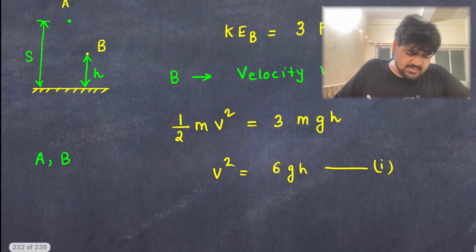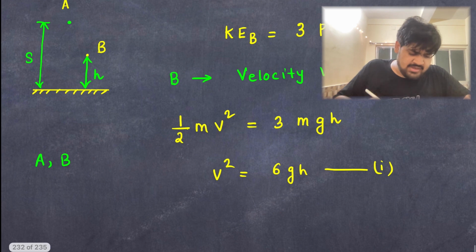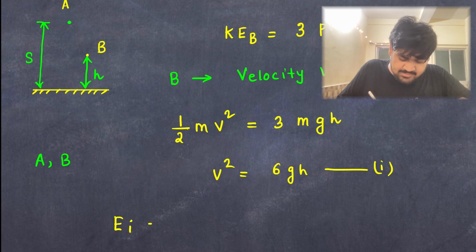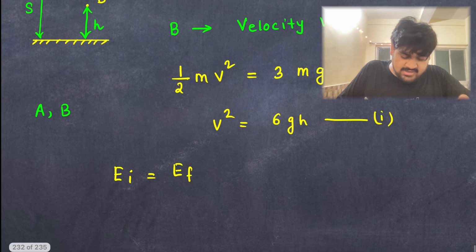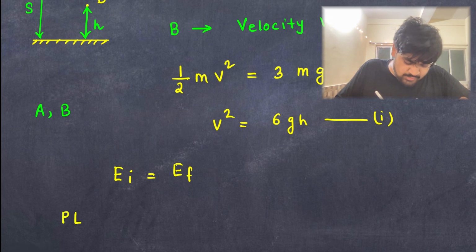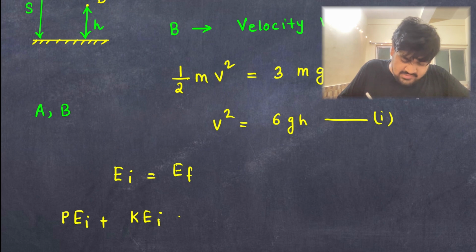So what does energy conservation state actually? That the total energy initial will be equal to the total energy final, right? And what is the total energy initial? Potential energy initial plus kinetic energy initial. So this will be potential energy final plus kinetic energy final.